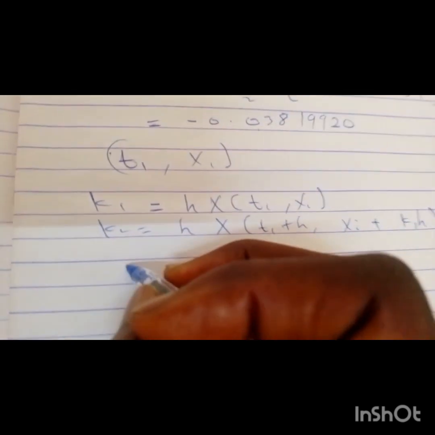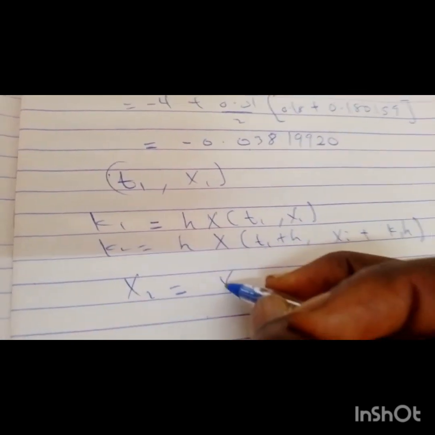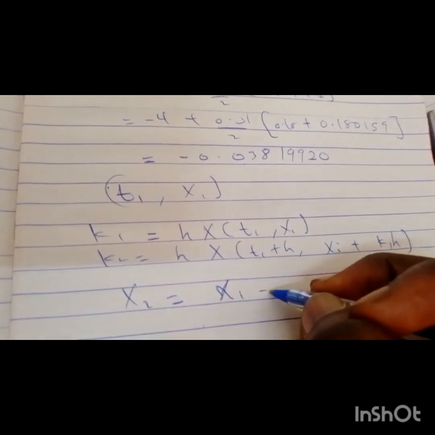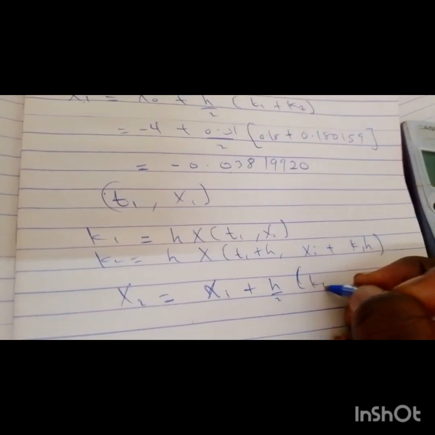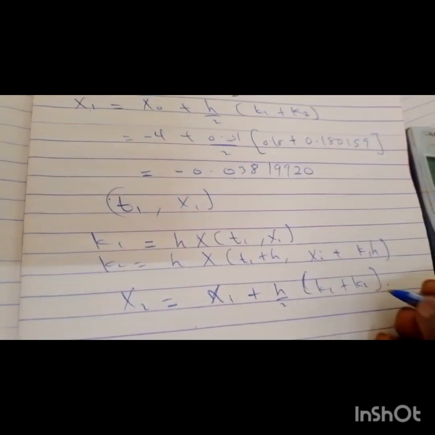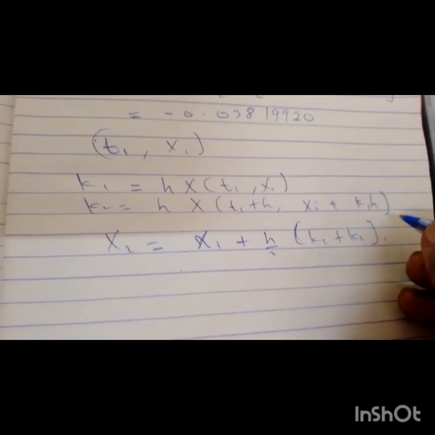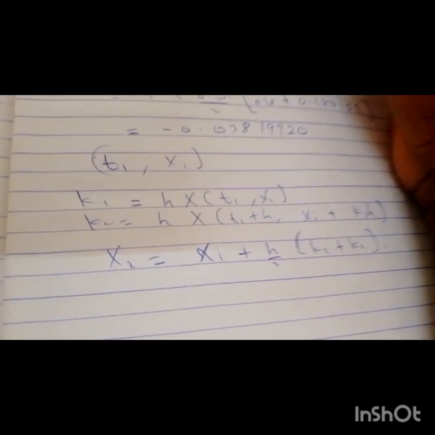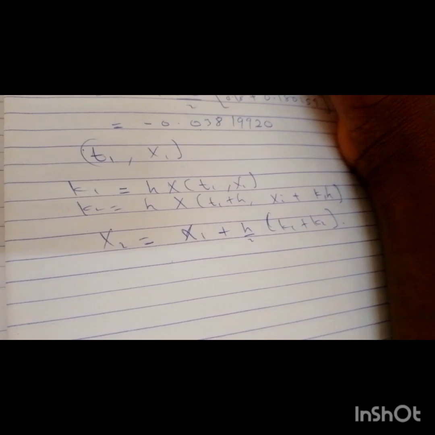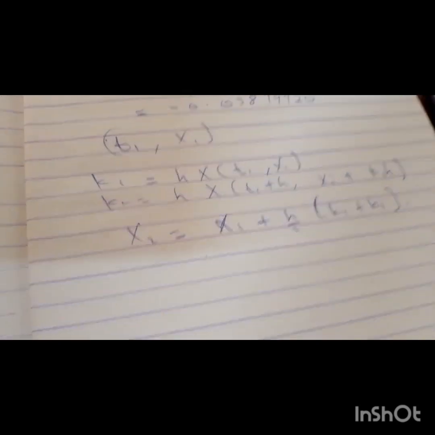And then your x2 will be your x1 plus h on 2 multiplying the sum of your k values. So this is just it. That means you have to do the same thing all over. Okay, so let's get to that.